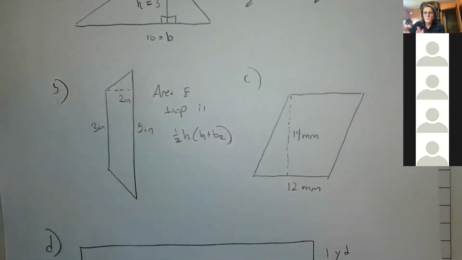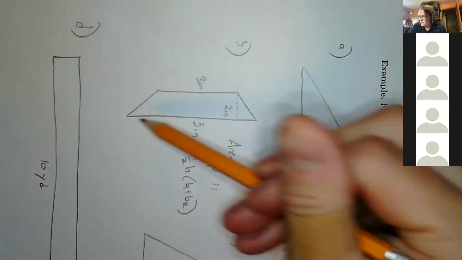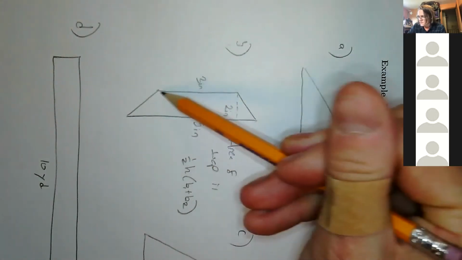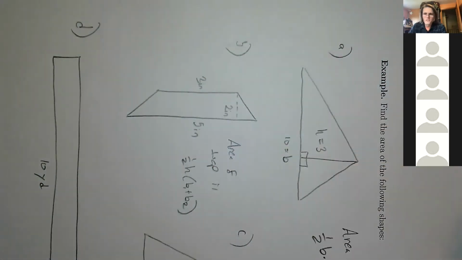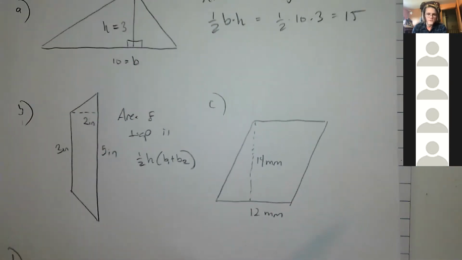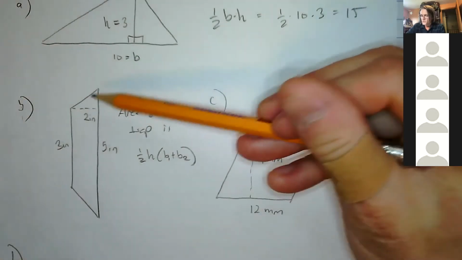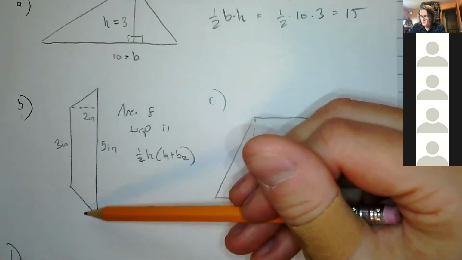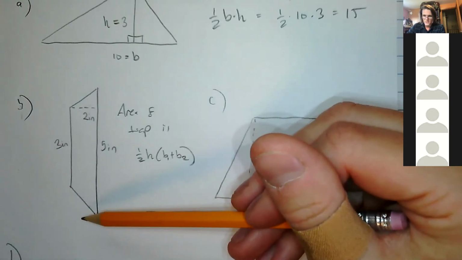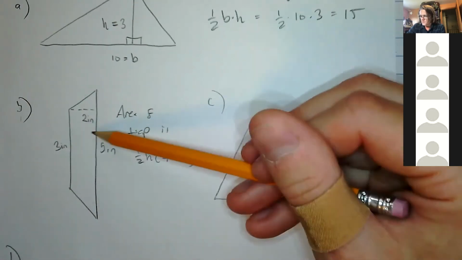So here it's flipped on its side, but if you just rotate it, you'll see that this is your B2 and this is your B1. It doesn't actually matter which is which, right? The only important thing is that B1 and B2 are the lengths of the parallel sides. So you don't want to use this part and this length as your bases because those aren't parallel. But these two ones are.